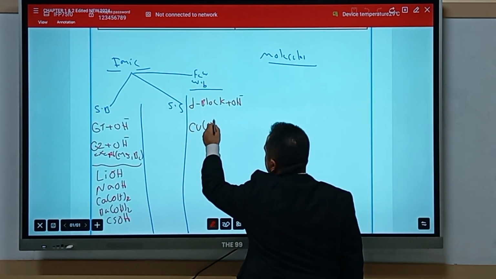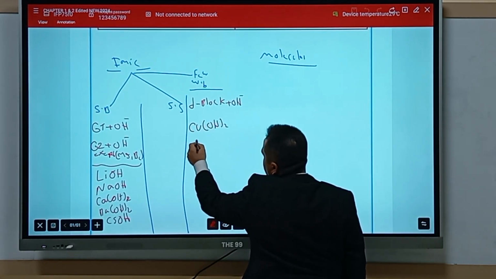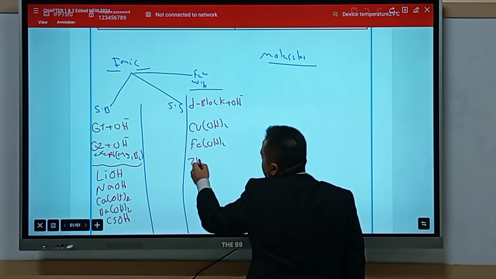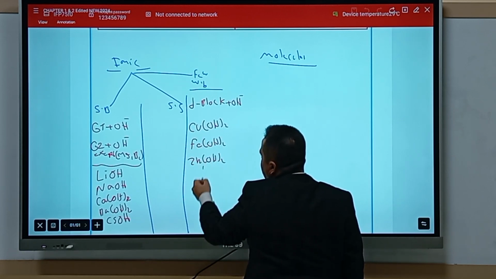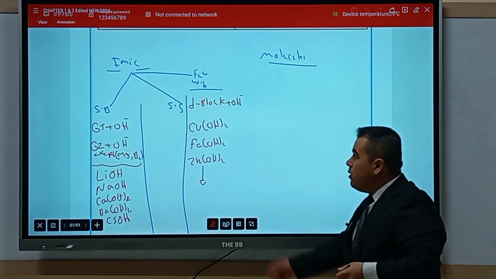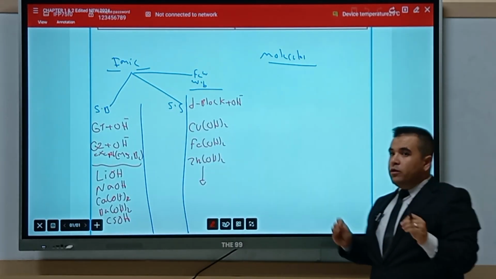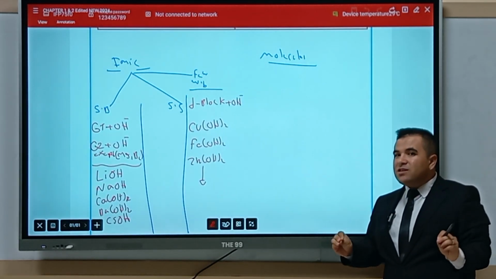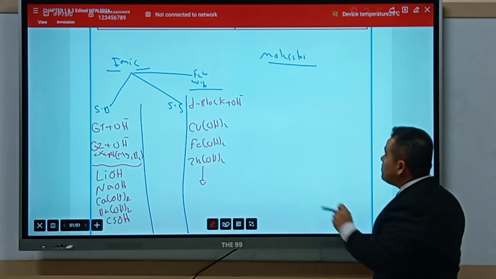Examples like copper hydroxide, iron hydroxide, zinc hydroxide, and so many other examples. The D block elements with the hydroxide are weak bases but ionics.